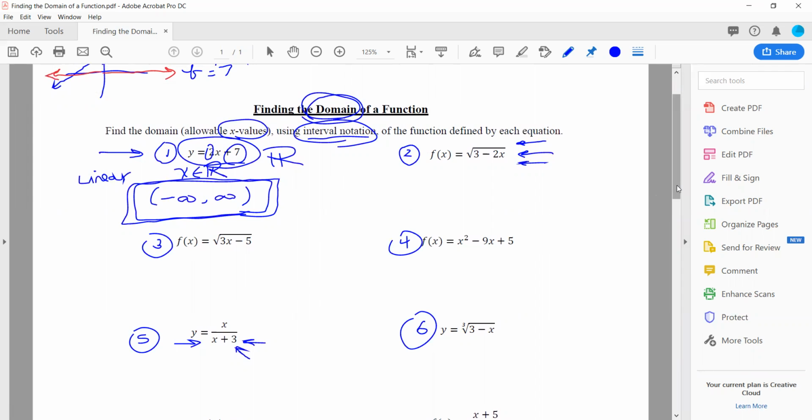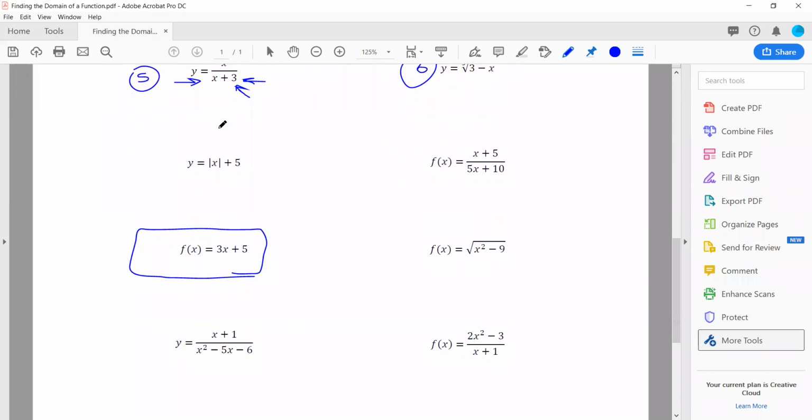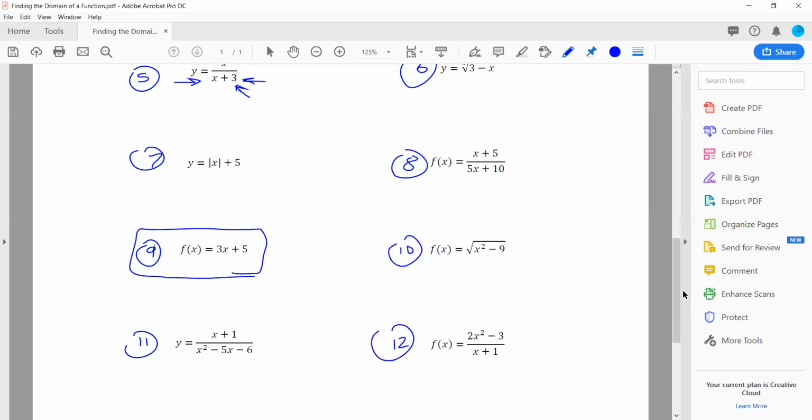This is how we're going to number them, and if you're writing on notebook paper, just follow these numbers. 7, 8, 9 is the one I want you to do by yourself right now. 10, 11, 12, almost done, 13 and 14.